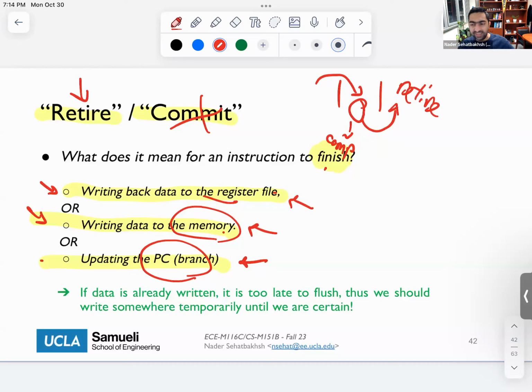When the data is ready, we say this is complete. Instead of writing it to these permanent memories, we write it into some temporary buffers. We call that the complete stage. And the step where we actually write it to the permanent storage units, we call the retire.